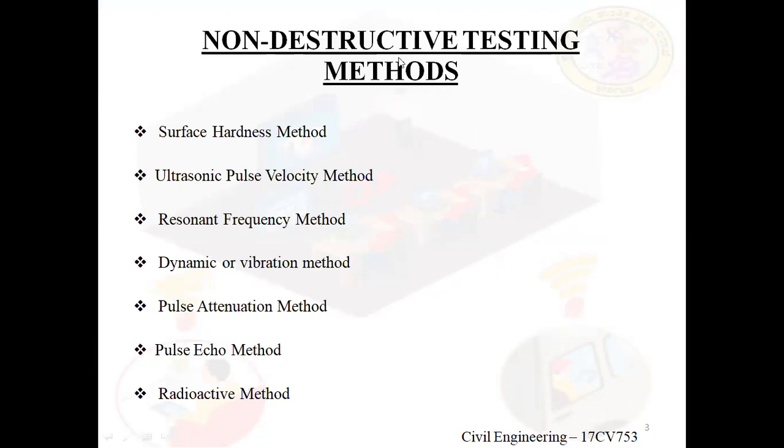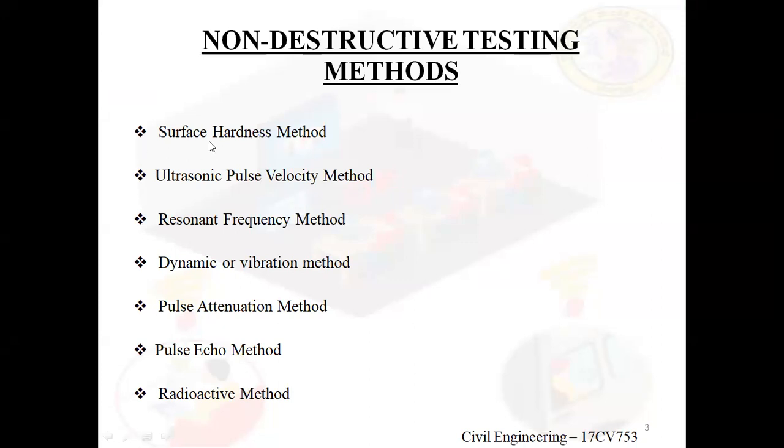In non-destructive testing, we have listed out some of the different testing methods, that is surface hardness test, ultrasonic, resonant, and so on, which we have already discussed. Now in this session, we are going to discuss the surface hardness method.